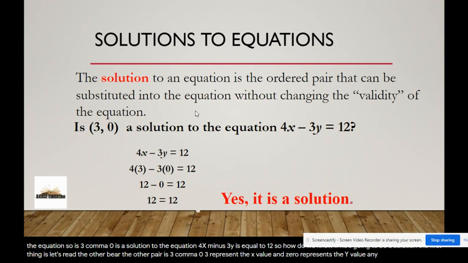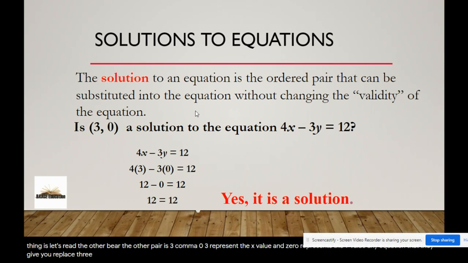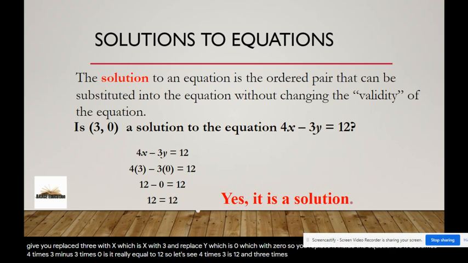Any equation that they give you, replace x with 3 and replace y with 0. So you replace it inside the equation, and it becomes 4 times 3 minus 3 times 0. Is it really equal to 12? Let's see. 4 times 3 is 12, and 3 times 0 is 0. So 12 minus 0 is equal to 12, and therefore that is right.